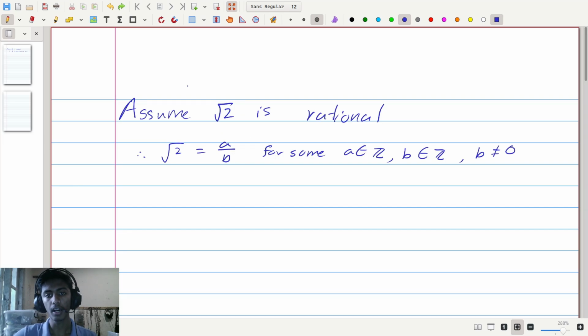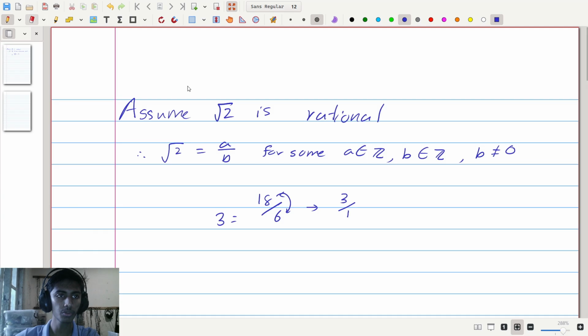Another thing is that a and b should not have any common factors, because I could write 3 as 6 divided by 2, or 18 divided by 6. But between these two numbers there is a common factor which I can cancel out, and I can say this is equal to 3 divided by 1.